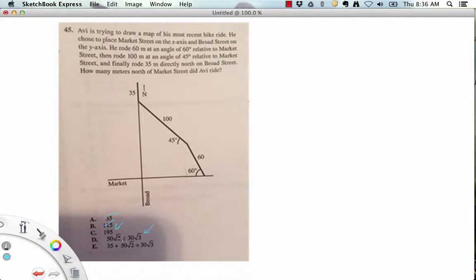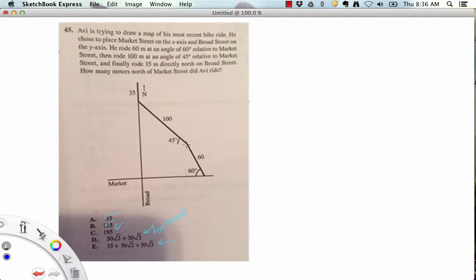Let's see, square root of 2 is about 1.5, so 75, 1.5, 45, 110, 115. This is around the 115. I'm guessing that's too small. And this one, to me, also looks promising because this is going to be some kind of trigonometric sort of thing, and then plus that 35. My money's on E for this problem. Okay.